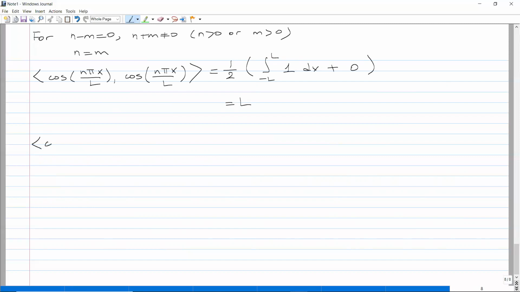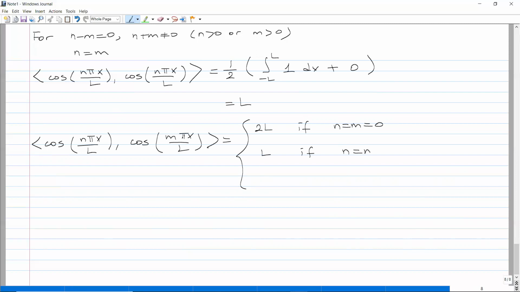So for this inner product we have 3 cases. It's going to be 2L if both n and m are 0. It's going to be L if n is equal to m but greater than 0.